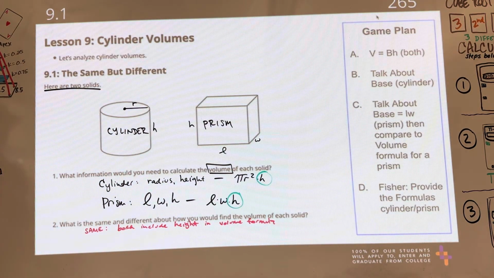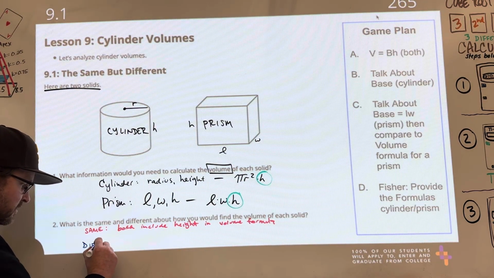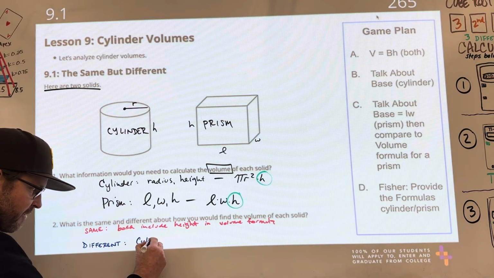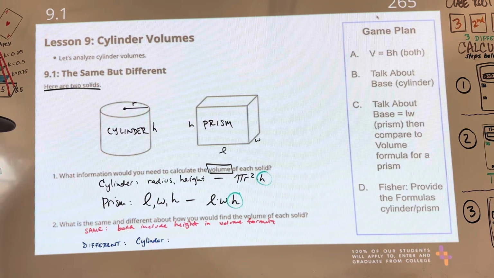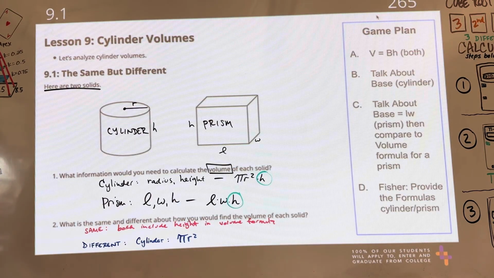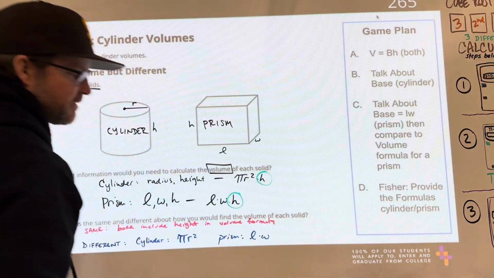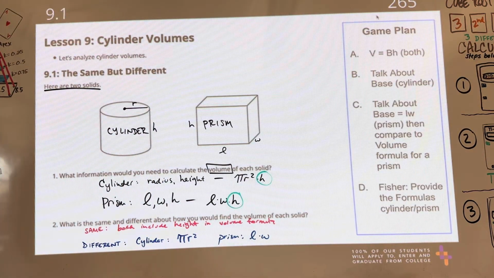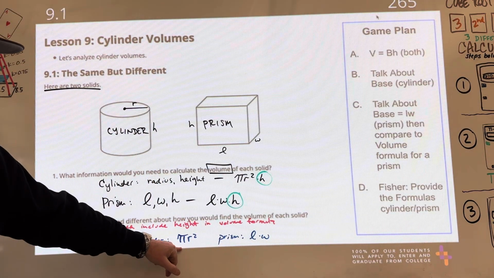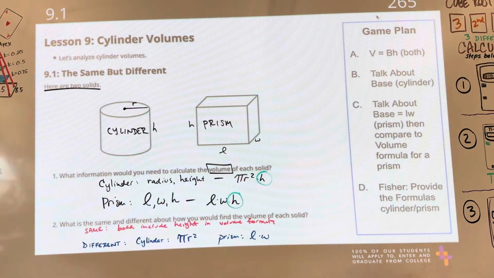How are they different? Well, the cylinder is pi r squared times height, and the prism is length times width times height.